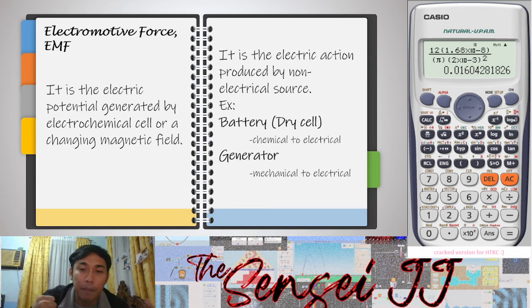Behind all those types of sources, all of them are called electromotive force, generating electricity from other forms of energy.